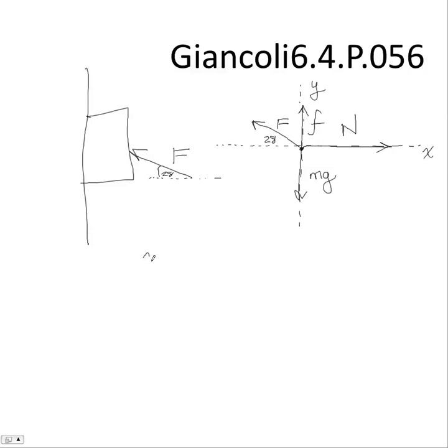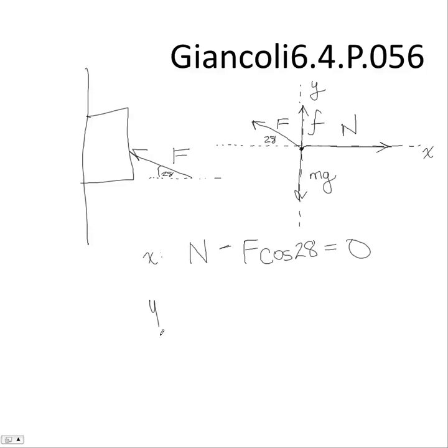So my x equation looks like normal force to the right, so that's positive. And the only other thing that is horizontal at all is this F force. So we're going to go minus, because it's to the left, F cosine. It's cosine because it's the x equation, and the angle 28. And if this box isn't moving, this has to be equal to 0.